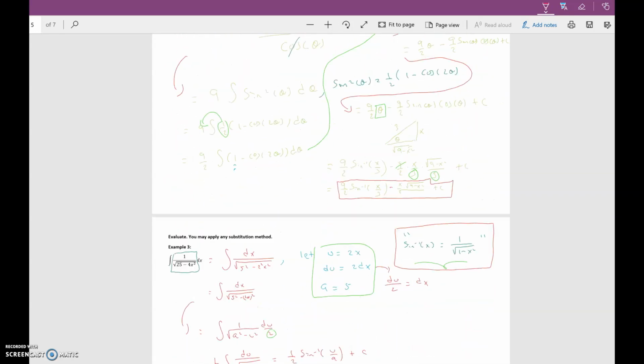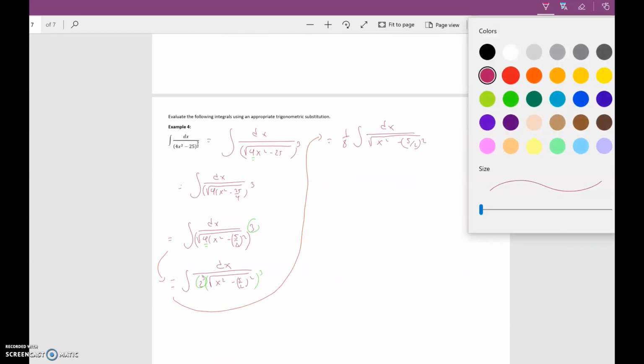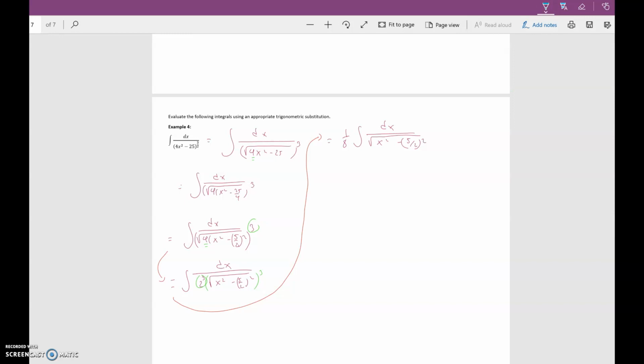So our substitution, we're going to let x equal 5/2 secant of theta.